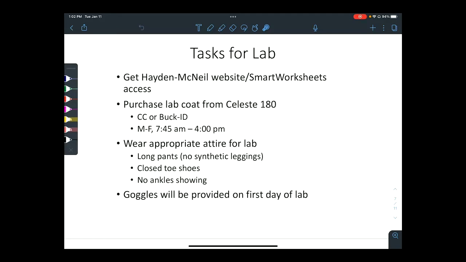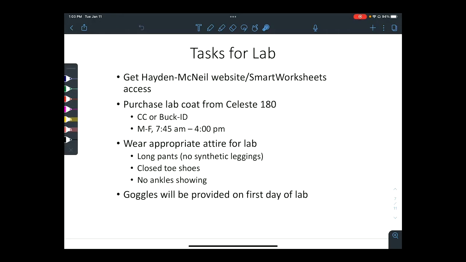It's on the first floor. You need a credit card or your Buck ID. They are open Monday through Friday during business hours. I would suggest not going the 15 minutes before lab because there's probably 300 students all taking lab at the same time slot. So there's very much going to be a line the 15 minutes before class.